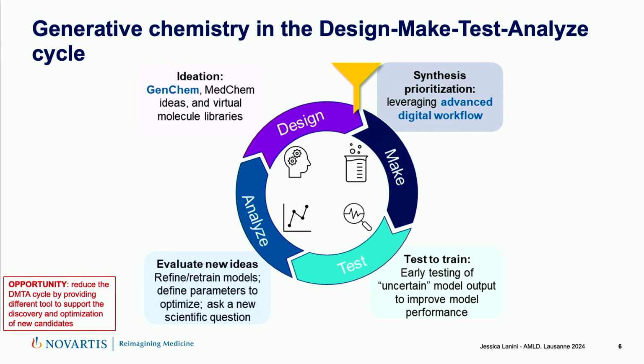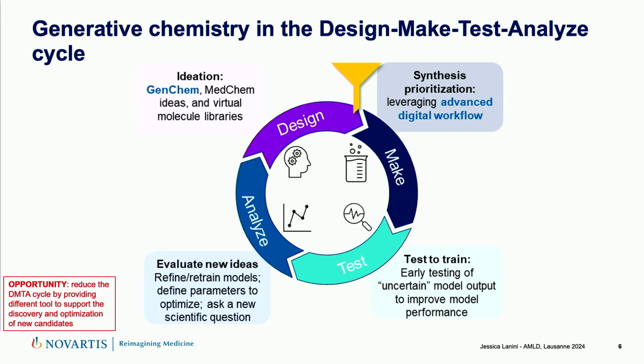And in the context of AI and machine learning, we also have the possibility to introduce novel ideas through generative chemistry. The AI is also combined with some classical CAD tools, such as physics-based techniques and structure-based design, that help us create an advanced digital workflow that can reduce the number of ideas we come up with in the first phase, in order to prioritize the most promising results that can go into the make and test phase.